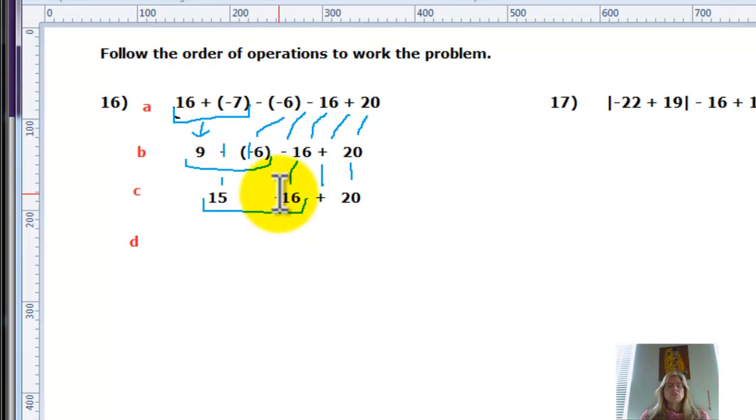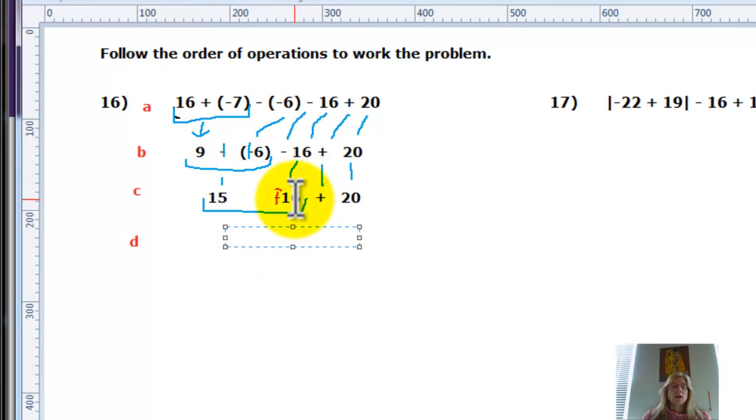So we're going to change the subtraction to addition. So what that means is, let's just do that so you can see it. This becomes plus negative. So you're adding the opposite. You literally change the subtraction to addition, but you have to add the opposite. And then you're following the addition rules for integers.